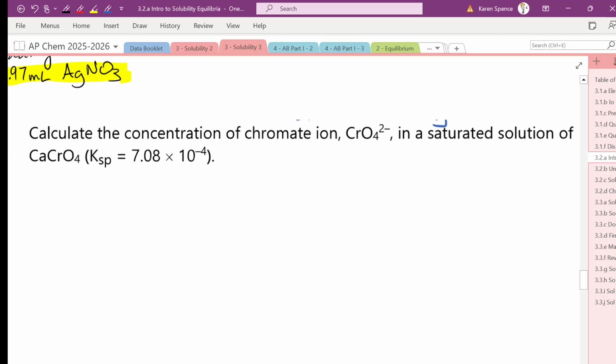Is this going to be a solubility equilibrium equation, or will this be using a precipitation equation? Solubility equilibrium equation. Please write the solubility equilibrium equation for this question.